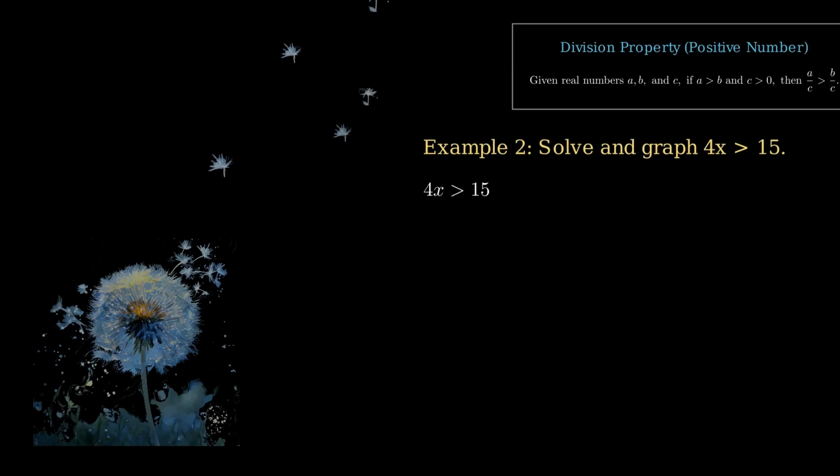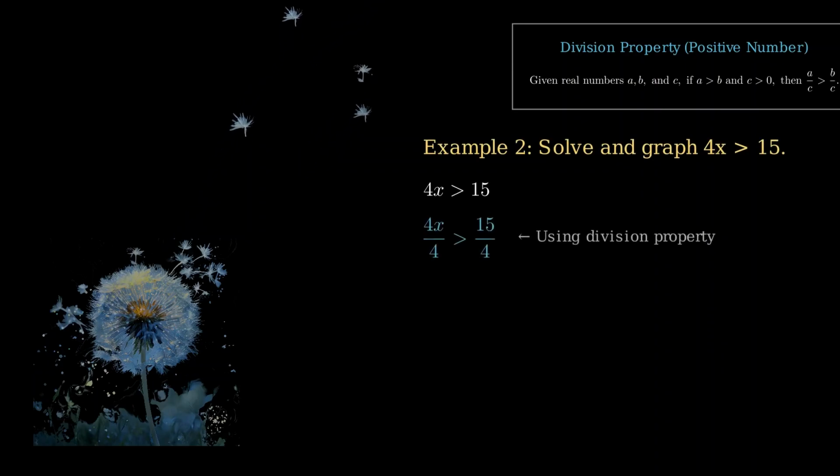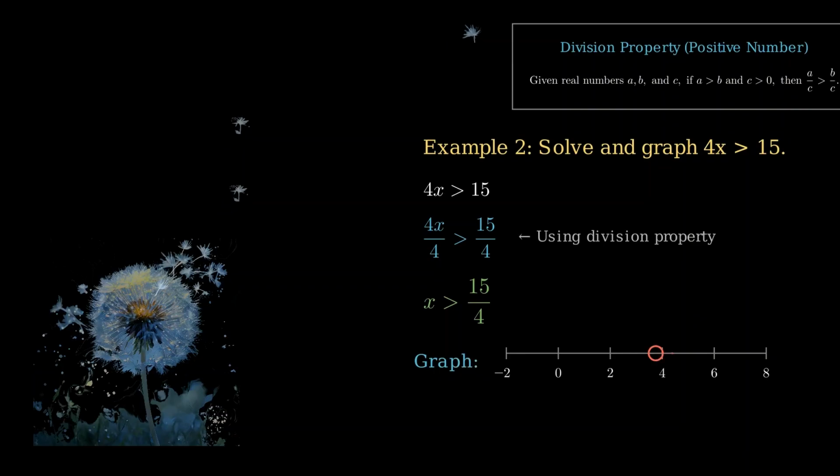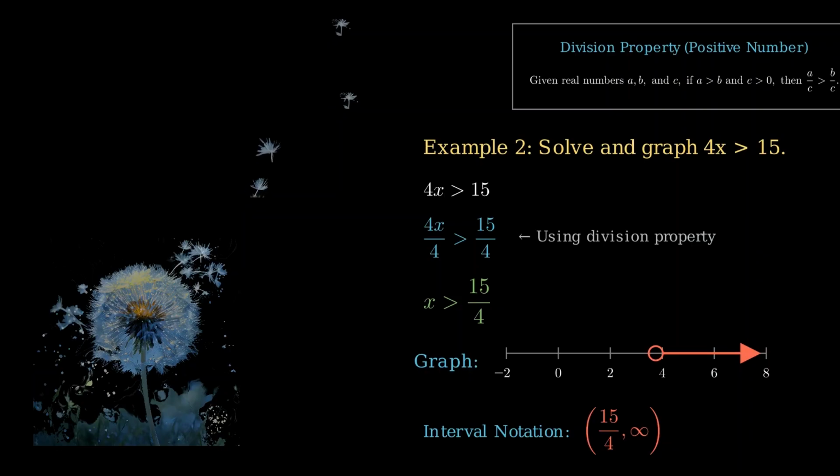Solve the inequality 4x is greater than 15 and graph the solution on a number line. To isolate x, we apply the division property and divide both sides by positive 4. Since 4 is a positive number, the direction of the inequality remains exactly the same.